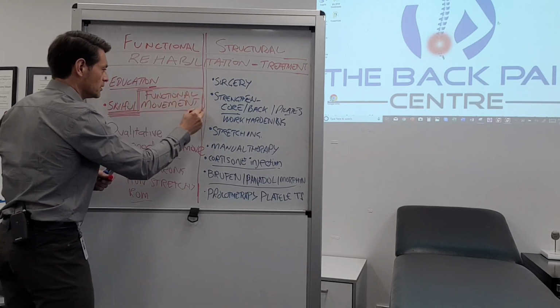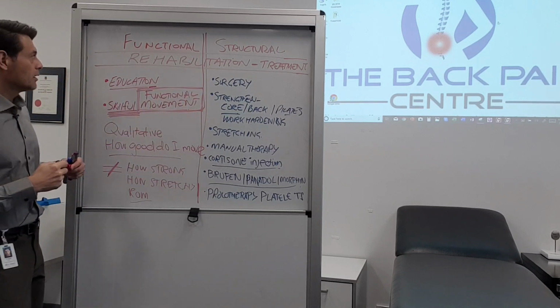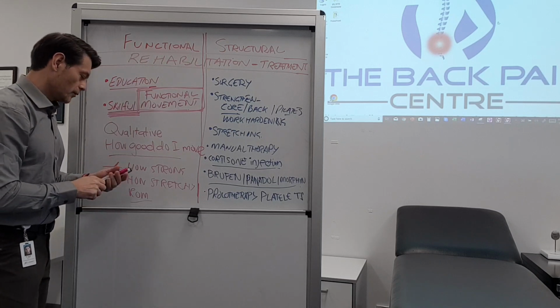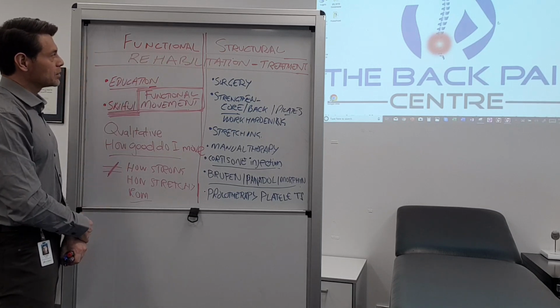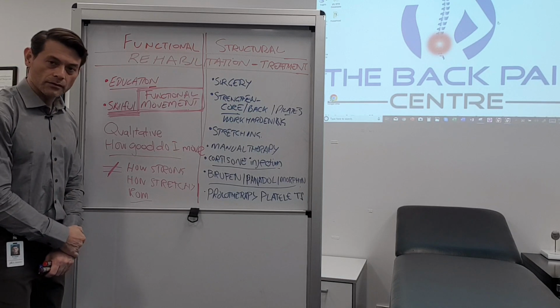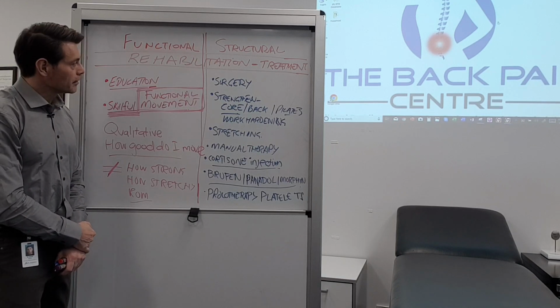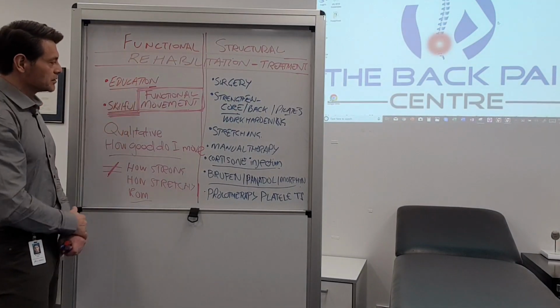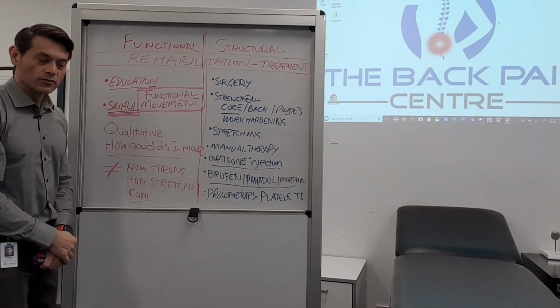Falls into the category on this side of the whiteboard. It's a functional remedy. And there really aren't too many other types of functional treatments or functional rehabilitation. It really comes down to education and the skill of movement.